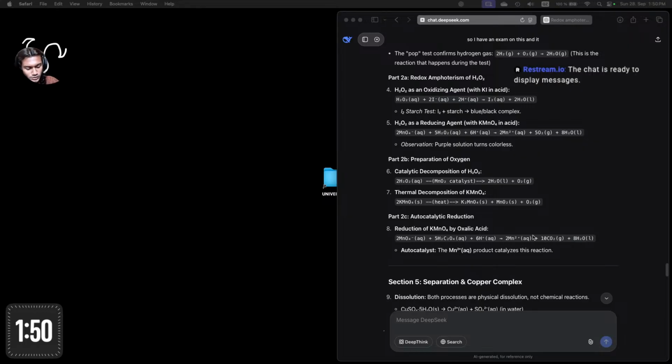I wrote tool 2C, right? Autocatalytic reduction.